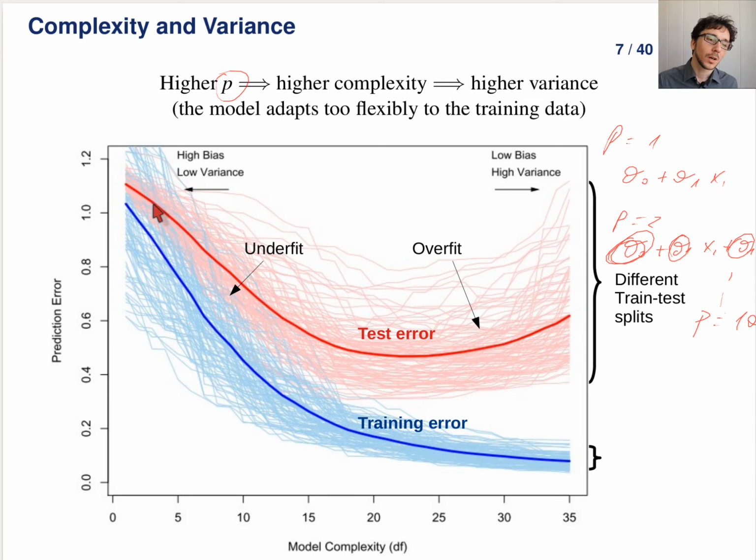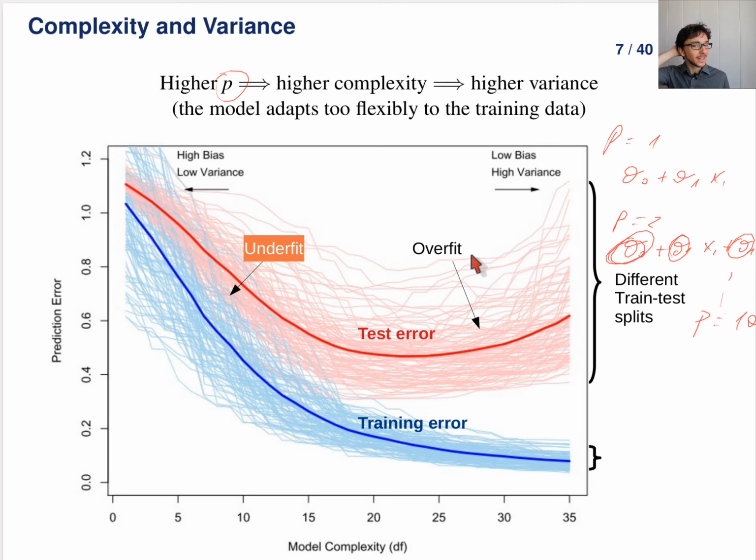And so to be in the middle, you have just to take the model complexity, p in our case, and increase it little by little. And at the beginning, both training and test error will decrease. It means that you're still underfitting. Then when you see that the test error starts to increase, then you have to stop, because otherwise you will overfit.